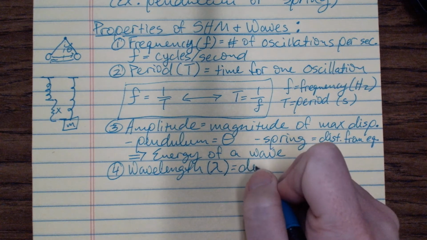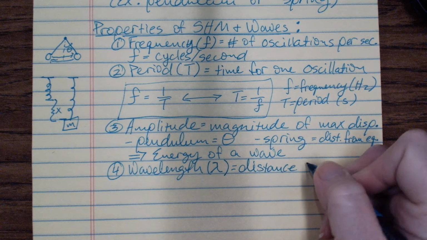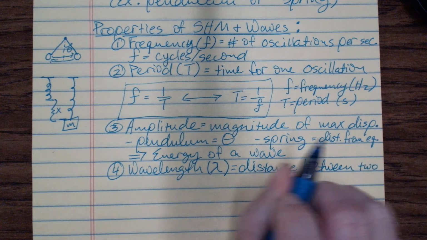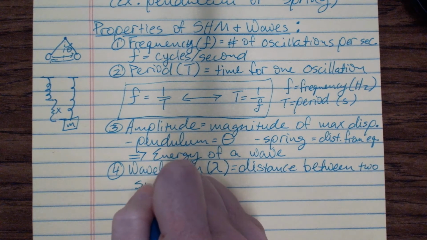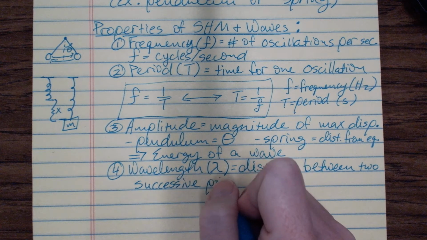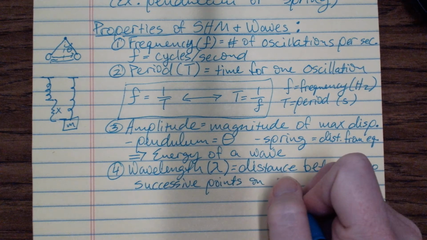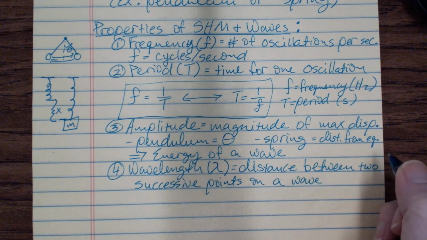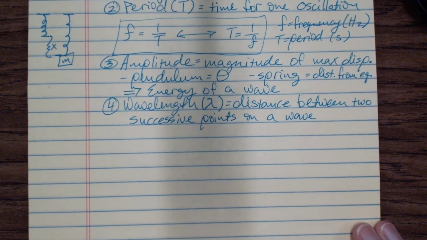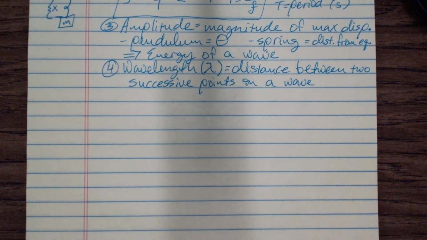And this is the distance between two successive points on a wave. Okay, all right, so those are the properties, and we'll talk more about wavelength again the next time when we talk about actual waves. All right, so now let's talk a little about pendulums.